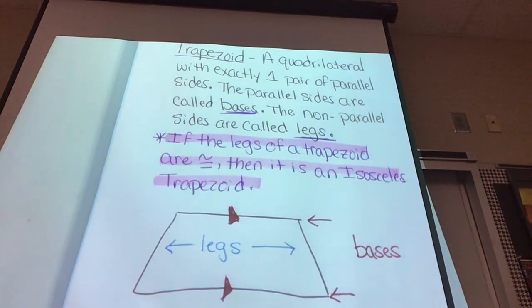Now, I've got a couple of things that I need to tell you about isosceles trapezoid. Because that's some of the ones that they're going to be working with. Why they only work with isosceles, I don't know. But that's the ones that they want to tell you about. So, I believe you've got 3. So I'm going to do it like I did before. I'm going to divide this up into 3 pieces.